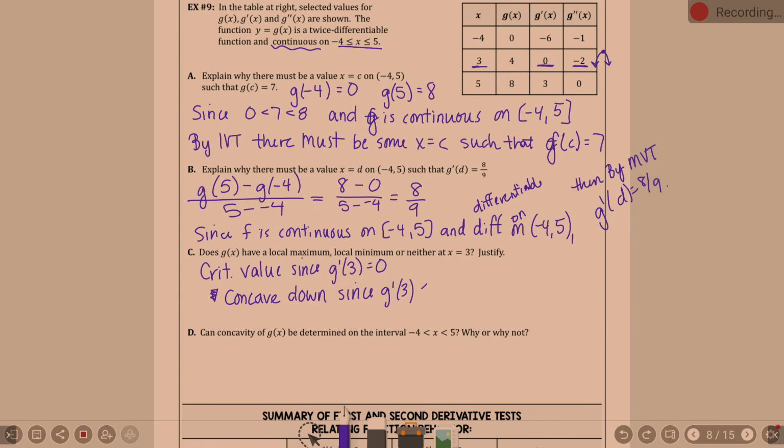Is that double prime? Yes, thank you, double prime. And so, because of that, we can say local max, and that is by the second derivative test.